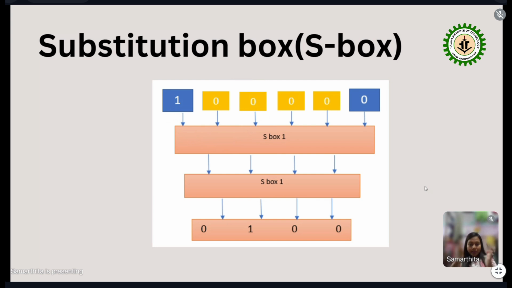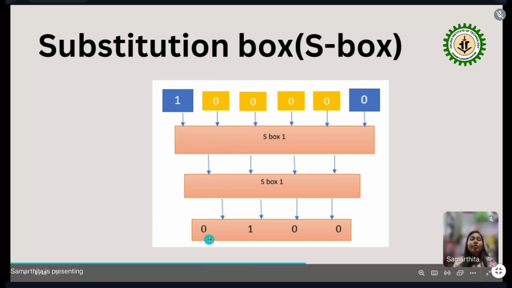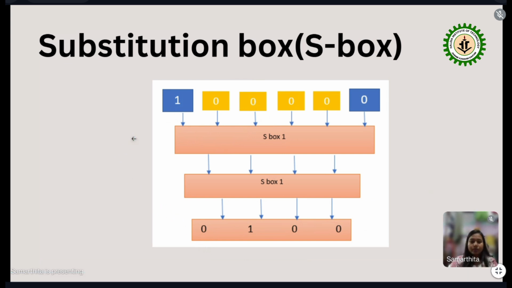So if we mark the column number 0 and the row number 2, the intersection point is our required value, and here the value will be 4, which is 0 1 0 0, equal to 4. This is actually the substitution box.